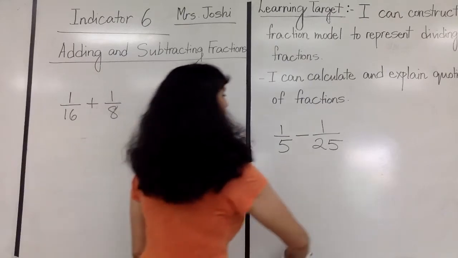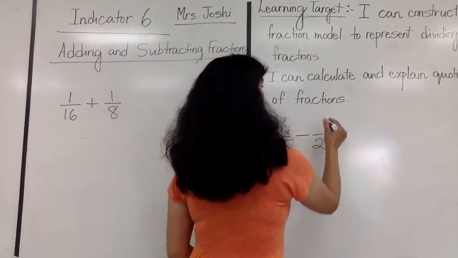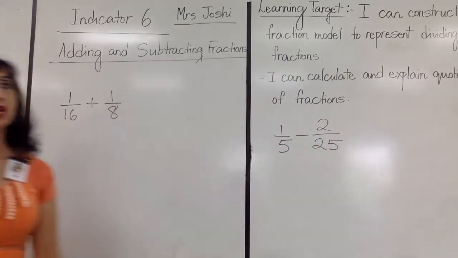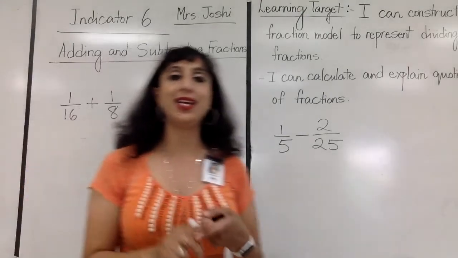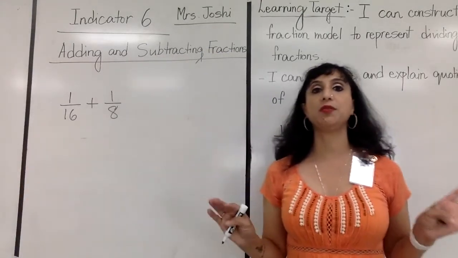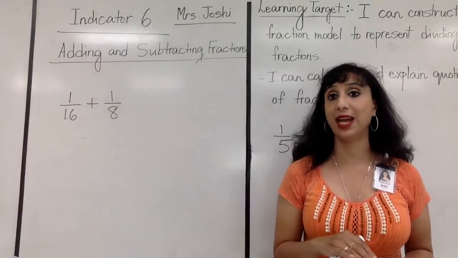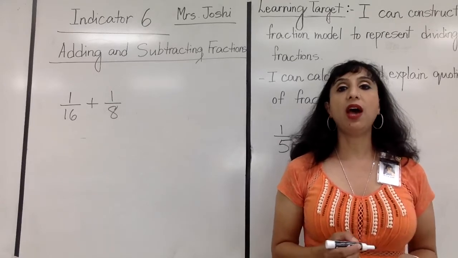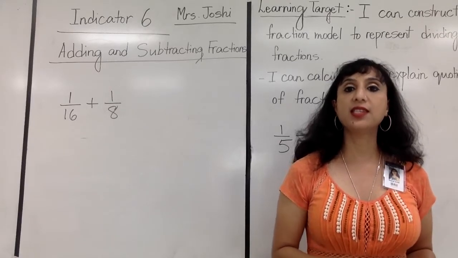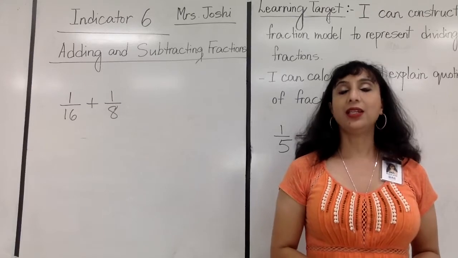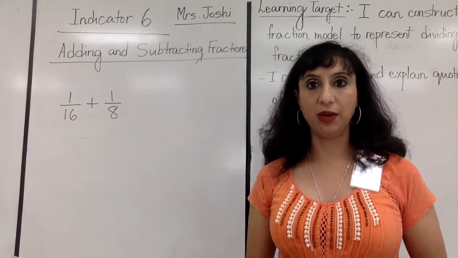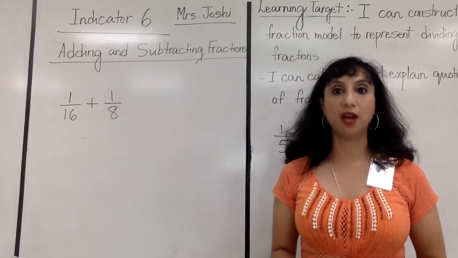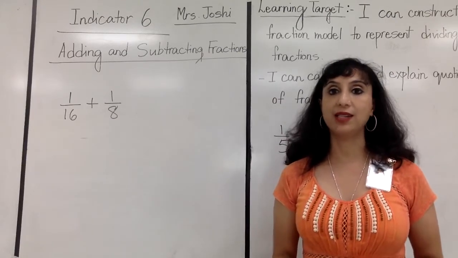Or, well, let's just change this to, let's say, 2/25. Okay, so when I have different denominators, I cannot just go and straight up do 1 plus 1 and 16 plus 8. That is absolutely wrong. You have got to find the least common denominator, and the least common denominator is nothing but the LCM of the denominators, the least common multiple of the denominators, and you know how to find LCM now.